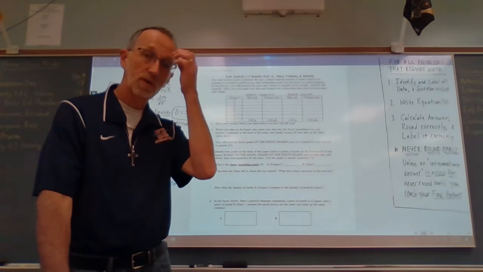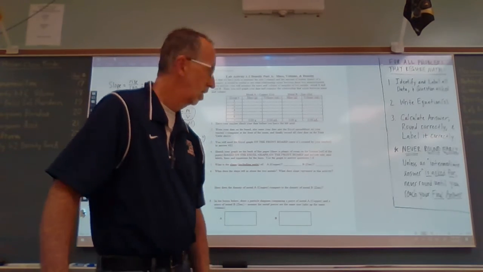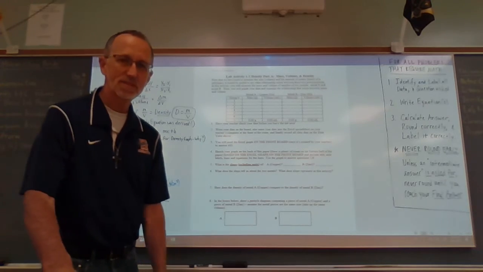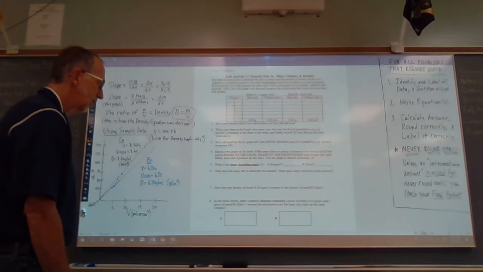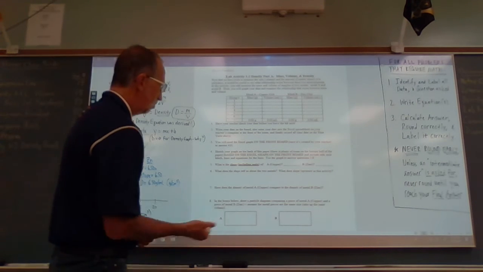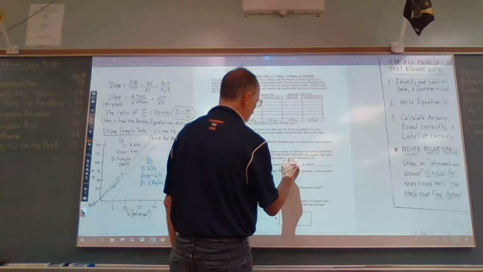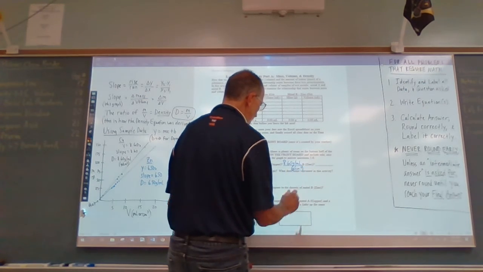Now, I asked you on the schedule, on the do nows, for you to answer questions 5 through 11. We've already answered number 5, so we can go ahead and write that in. And so the slope for copper, which was 8.60, and again, grams per ml or grams per centimeter cubed, remember either one.